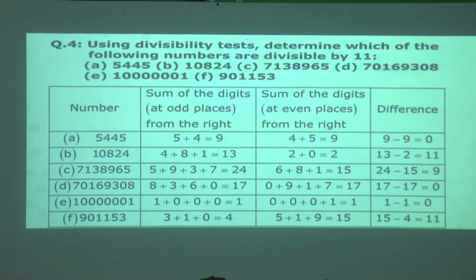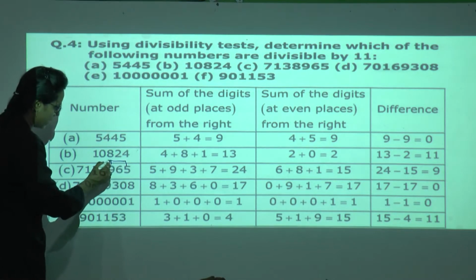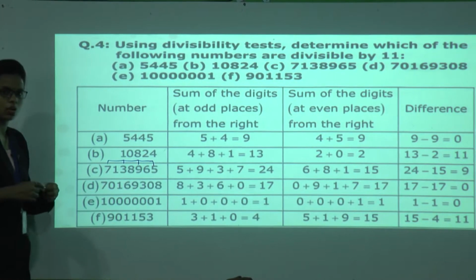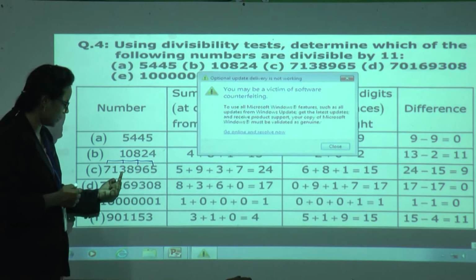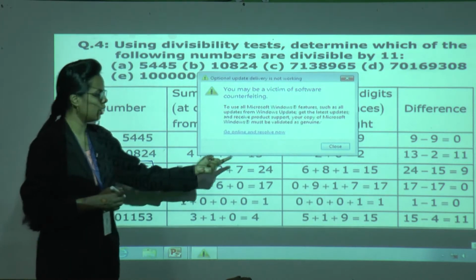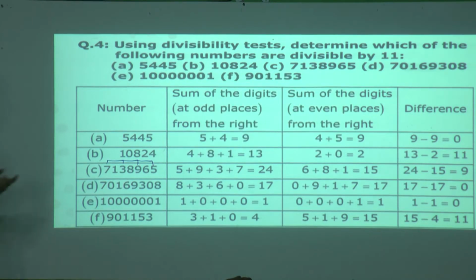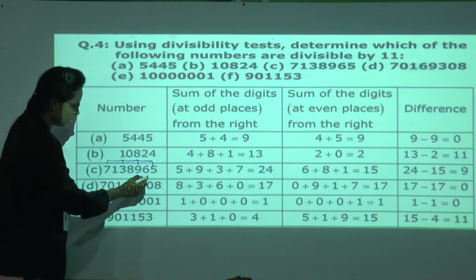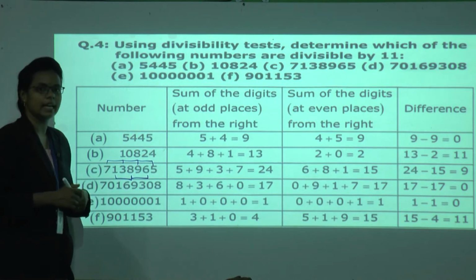Now let us see the next number. We take the odd places from the right side, that is 5, 9, 3 and then 7. So 5 plus 9 plus 3 plus 7 is 24. Now we take the even places, 6, 8 and 1.